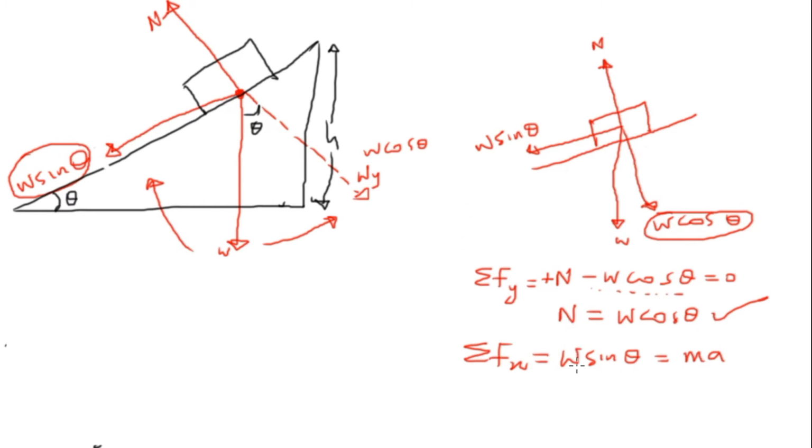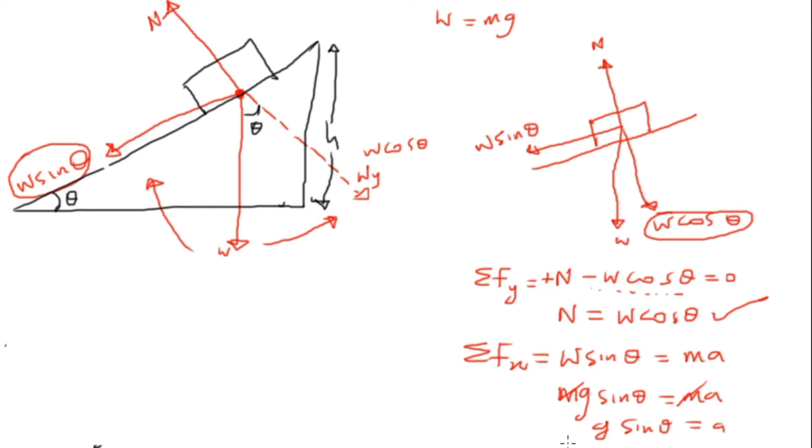Now notice that the weight is equal to mass times acceleration due to gravity, so that it becomes mass multiplied by gravity, then sine of theta, and is equal to ma. We can divide out the mass so that g sine theta is equal to the acceleration.